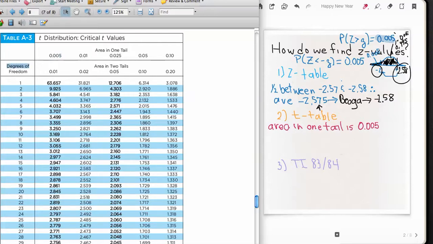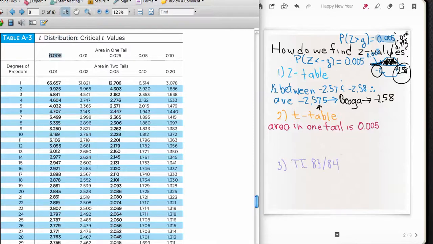Now degrees of freedom are really more information than I need for what I'm using, because the t distribution actually has these things called degrees of freedom. We'll study it soon, so don't worry about it if you don't know what it is. But the thing is that a t distribution, when the degrees of freedom are infinite or very, very large, is the same as a normal distribution, and that's what I'm going to use.